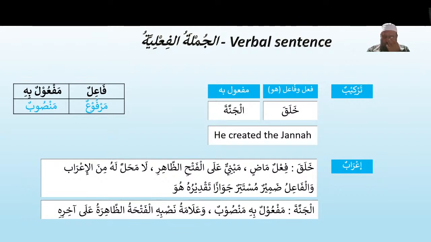Understand how to do the i'rab of the hidden fa'il? The damir mustatir. والفاعل ضمير مستتر جوازا تقديره هو. Right? So yes, let's move on.